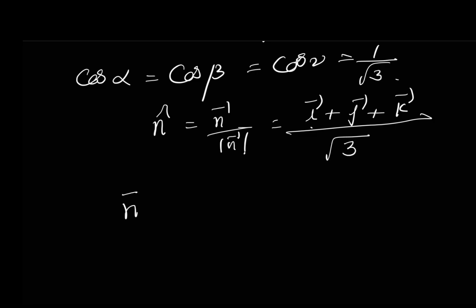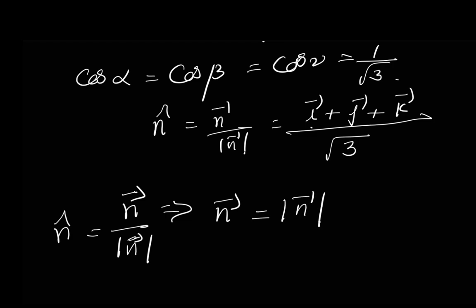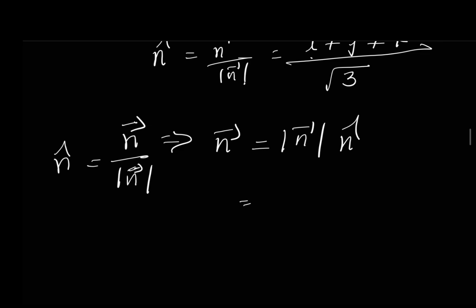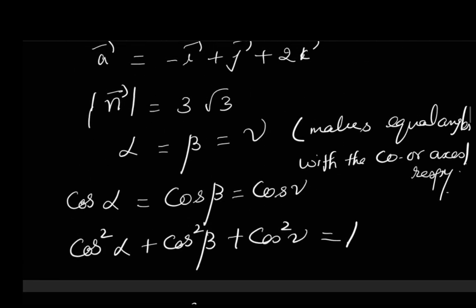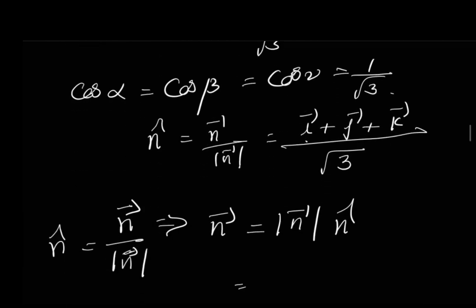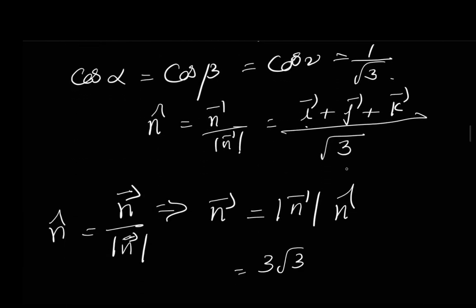So what is our given normal vector? Vector n cap is equal to vector n by modulus of vector n. Therefore, vector n is equal to modulus of vector n times n cap. The given modulus of the normal vector is 3 root 3. So the normal vector is 3 root 3 times (vector i plus vector j plus vector k) divided by root 3.